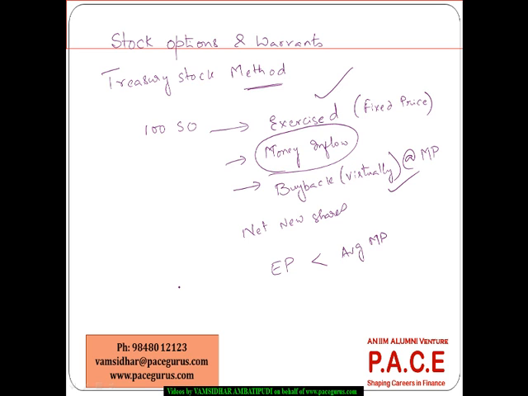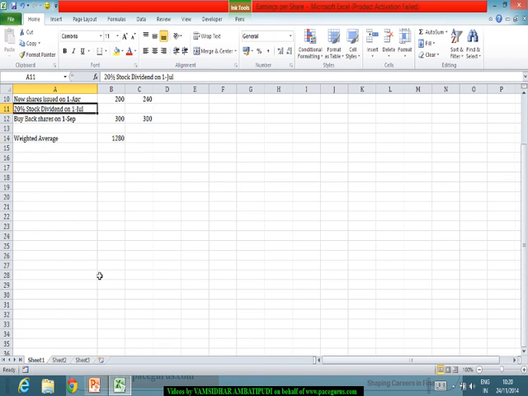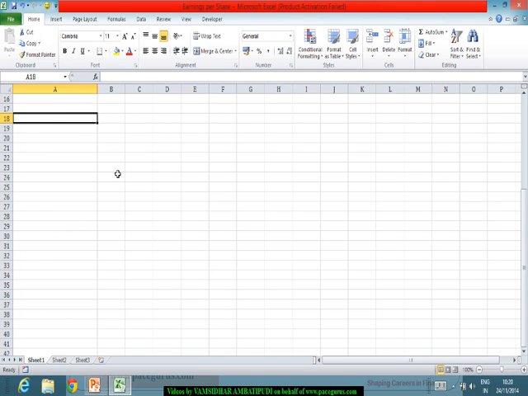So we can take one simple numerical to understand the overall impact that is going to be created. Let me take one numerical which could include all these things for the computation of EPS. Okay, let me take a few things. Net income of a company, let me take it as 200,000.